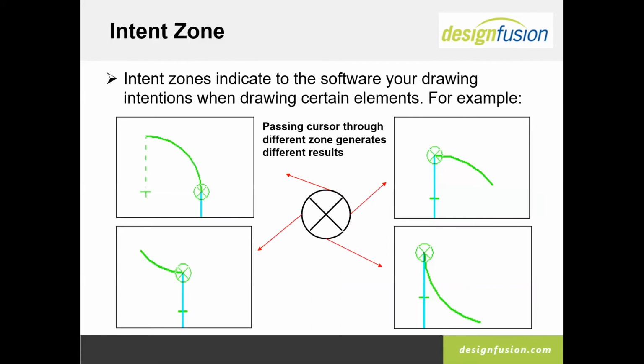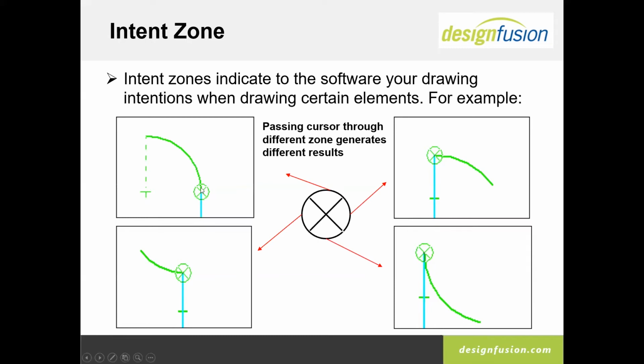Now, before I demo this, there are a few things you need to know. When you are creating the arc, you will see the intent zone come up here. The intent zone allows me to pick the quadrant that I want to draw through, and in doing so, it allows me to indicate my intention to the system.